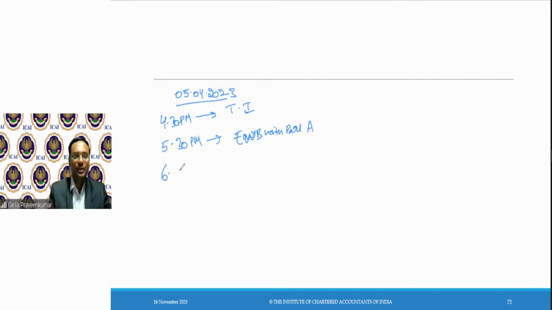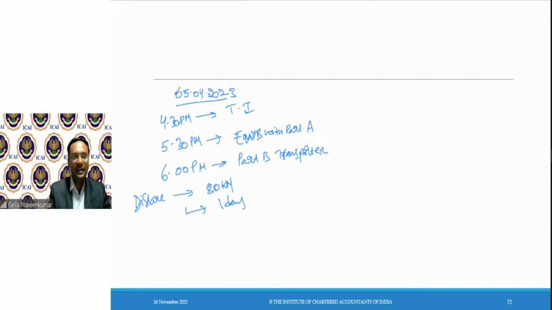At 6 p.m., your Part B, the transporter details, are updated. Now, assuming the distance is 80 kilometers, the validity is for 1 day.